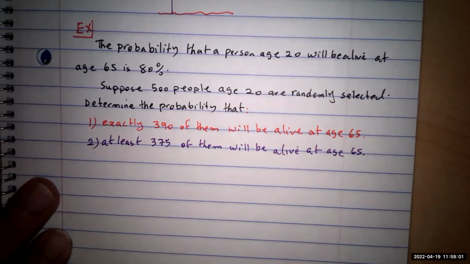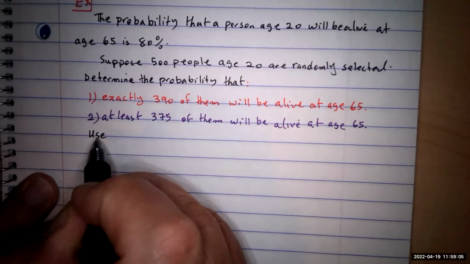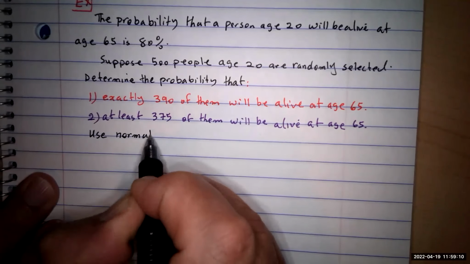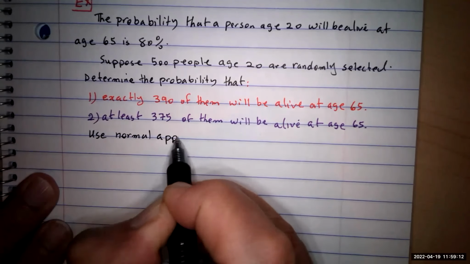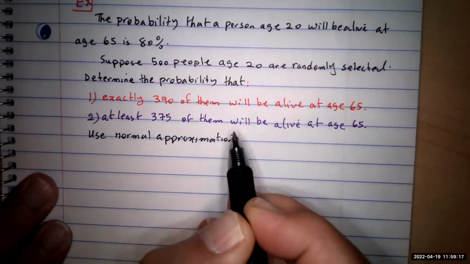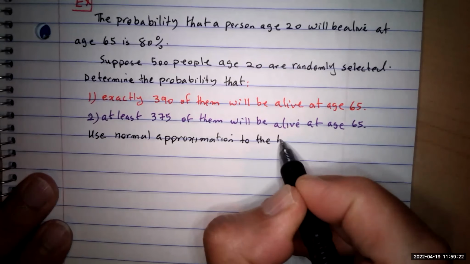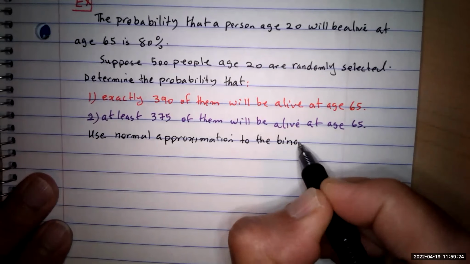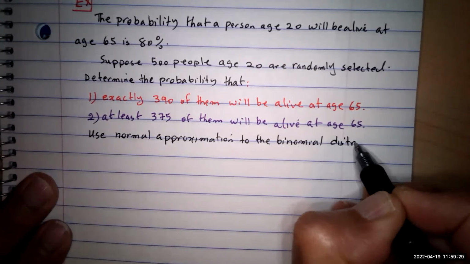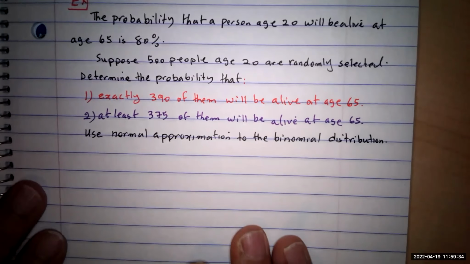And they are going to give you the instruction that you have to use the normal approximation to the binomial distribution. So this means you should use this method, not a very good calculator.